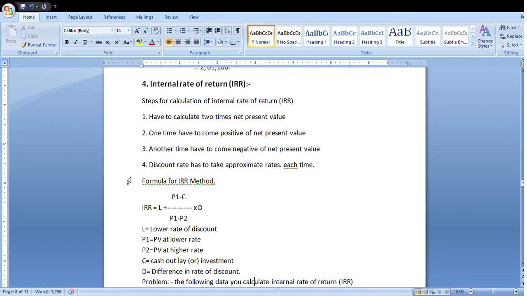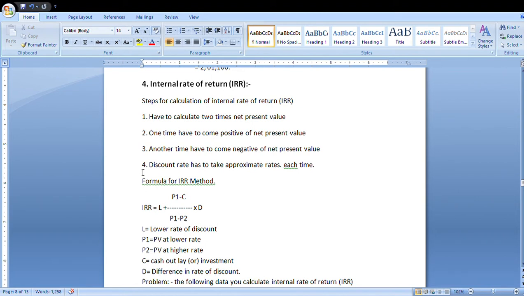Formula for internal rate of return. Internal rate of return is equal to L plus P1 minus C by P1 minus P2 into 100.